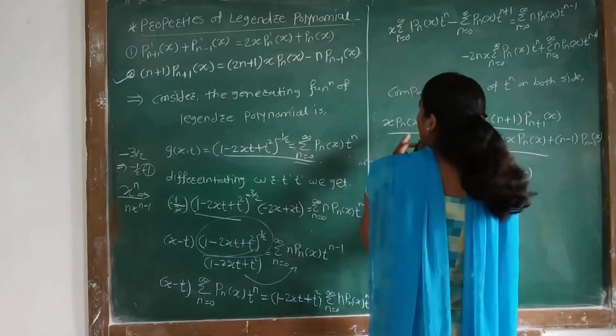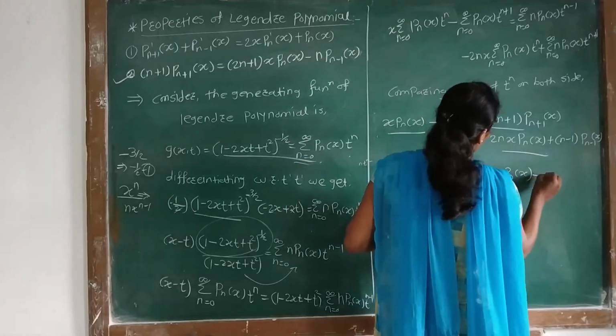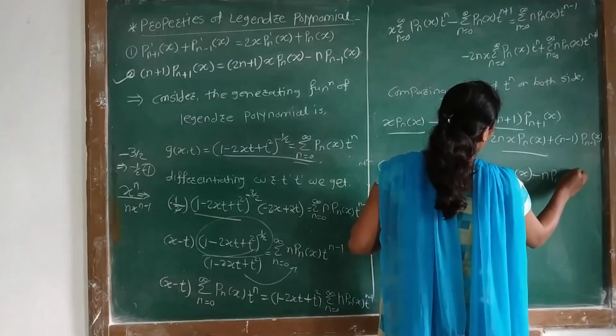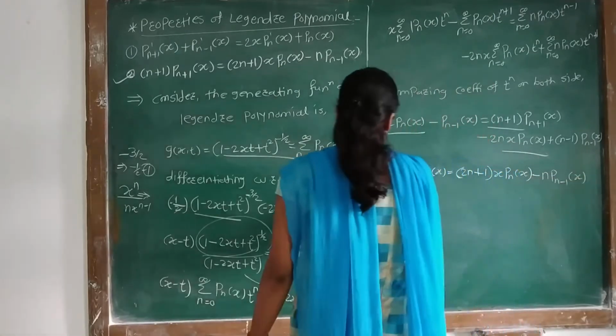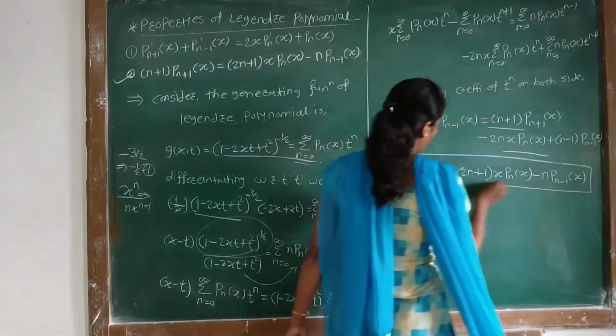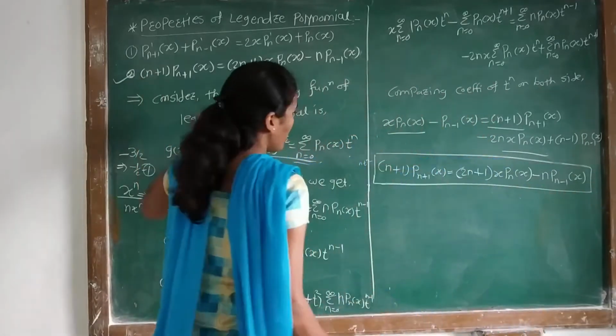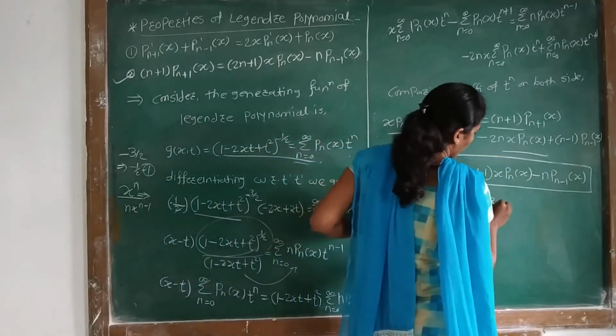Minus 1 plus 1 will cancel, therefore n P_{n-1}(x). This will be the second recurrence relation.